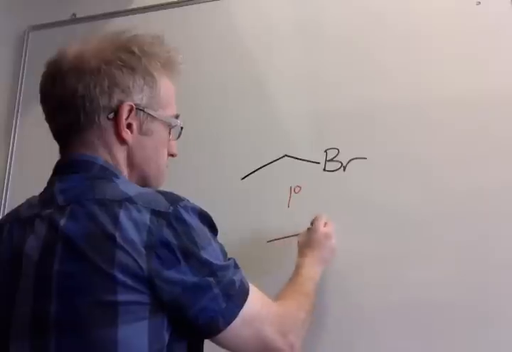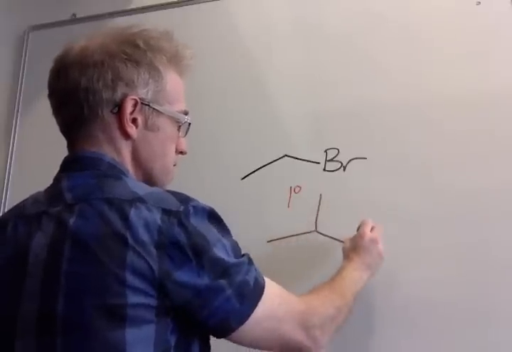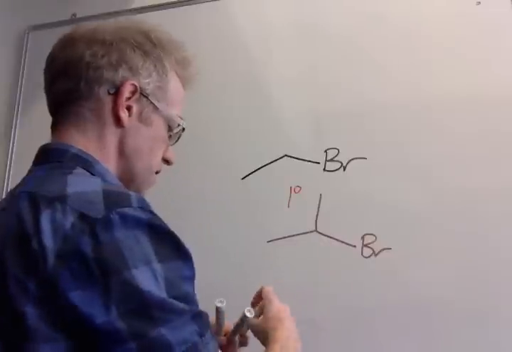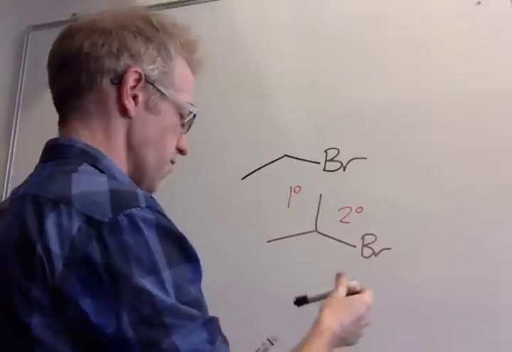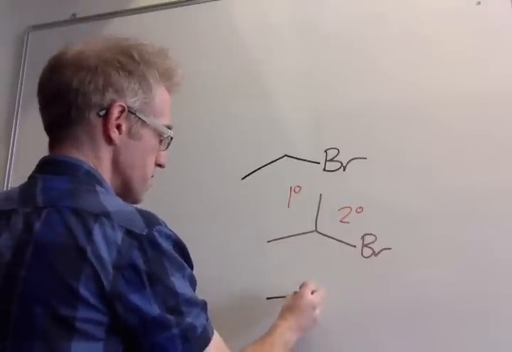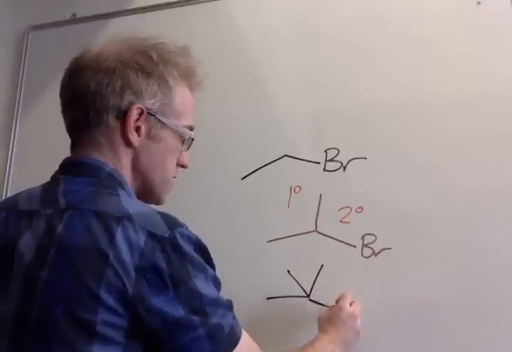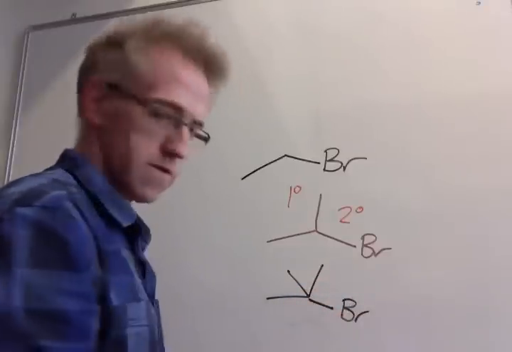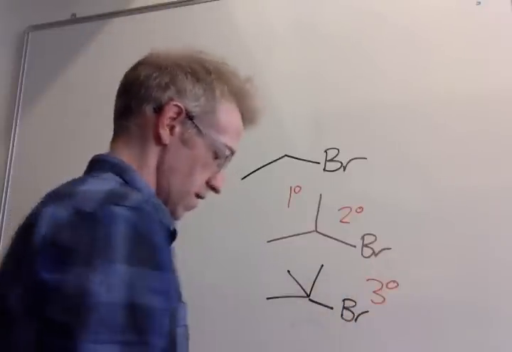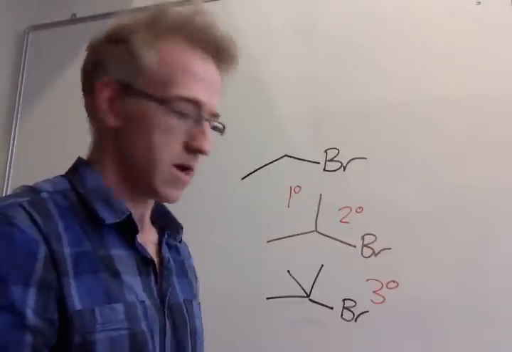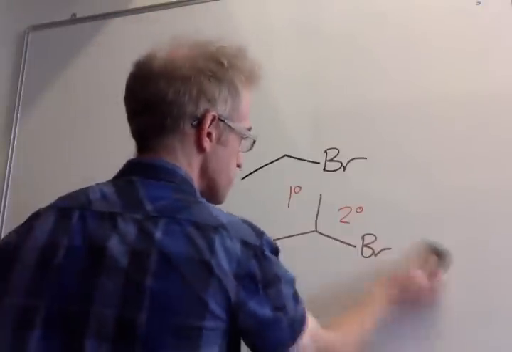If instead we had 2 alkyl groups attached to where the bromine is attached, then we call that a secondary. And in the case of a molecule with 3 alkyl groups attached to where the halide is attached, we call that a tertiary alkyl halide, alkyl bromide in this case. So that's those terms applied to those molecules.